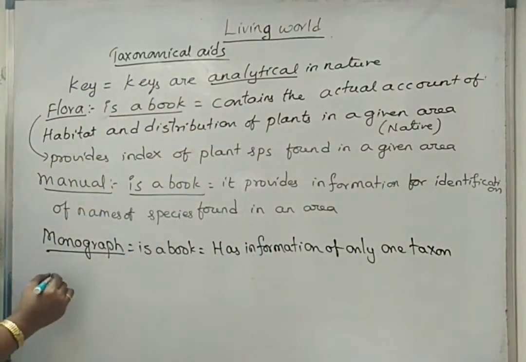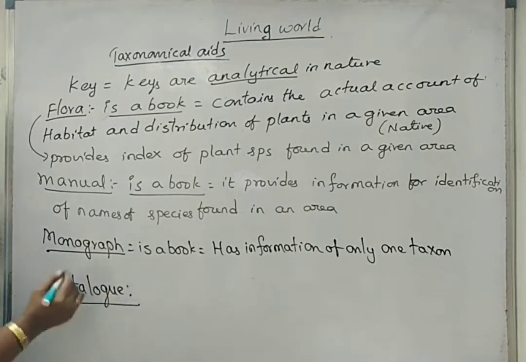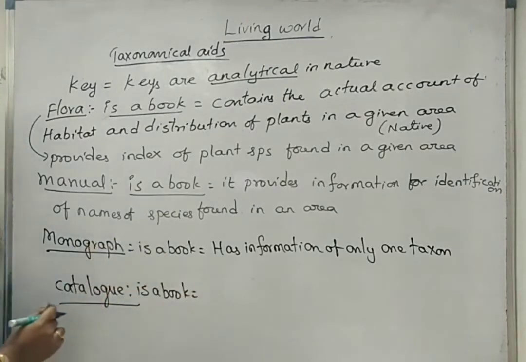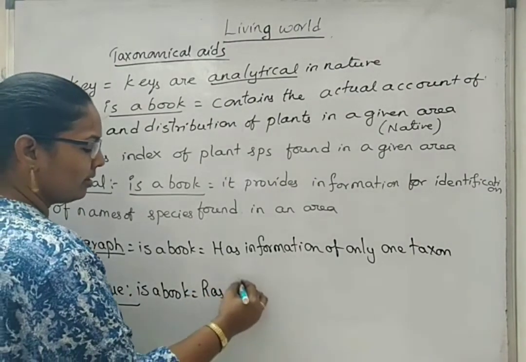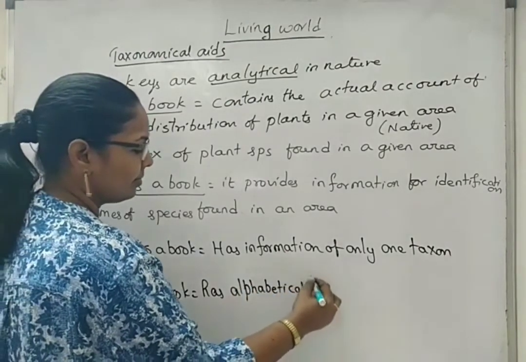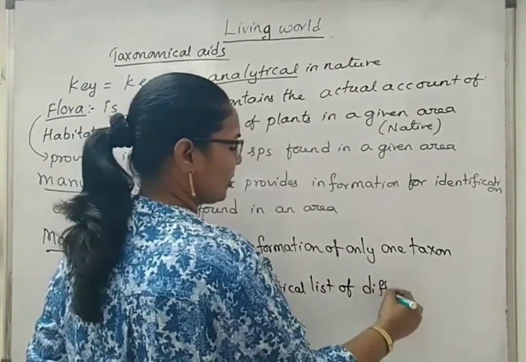Other taxonomical aid is catalog. Catalog is a book again, but it has the alphabetical arrangement of a list of species. Alphabetical list of different species.